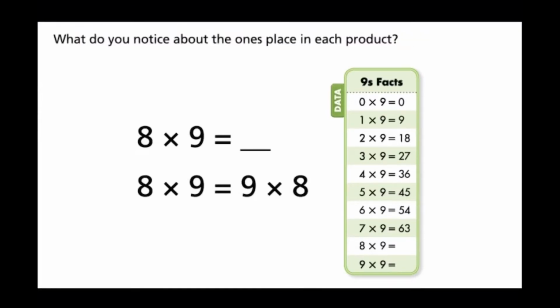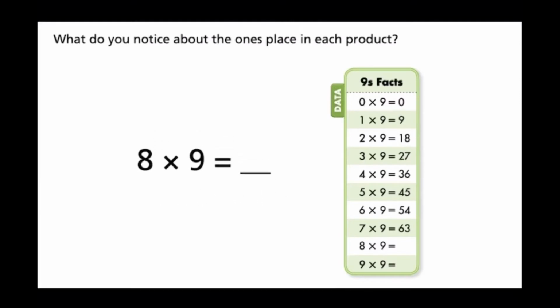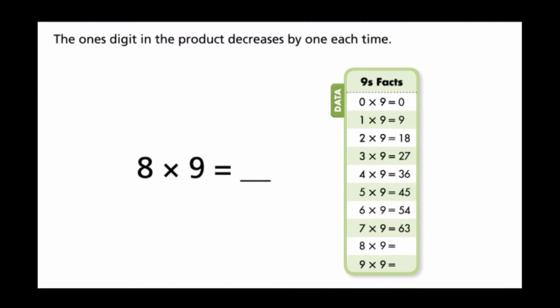What do you notice about the ones place in each product? The ones digit in the product decreases by 1 each time. What do you notice about the tens place in each product? The tens digit in the product increases by 1 each time.